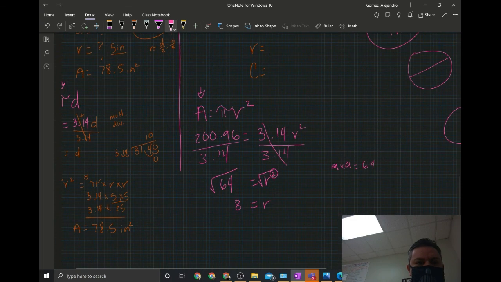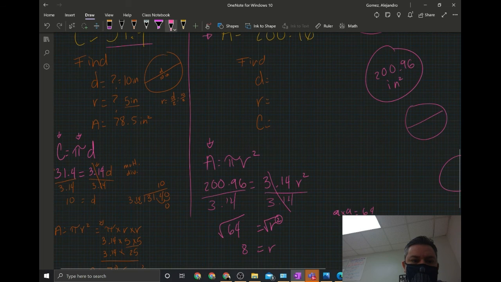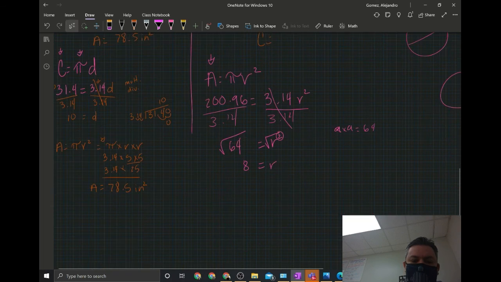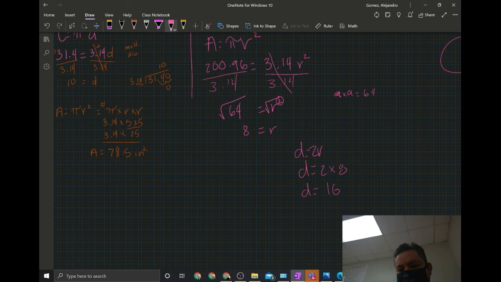And remember the diameter, I'm going to play this video again a little bit. The diameter is going to be radius times 2, so 2 times the radius. So diameter is 2 times 8. The diameter is 16. Okay. So I found the radius, I found the diameter.